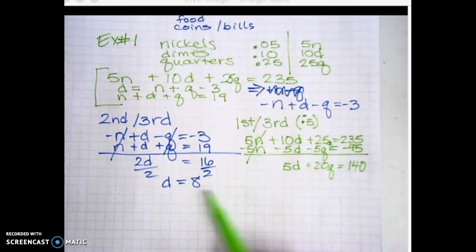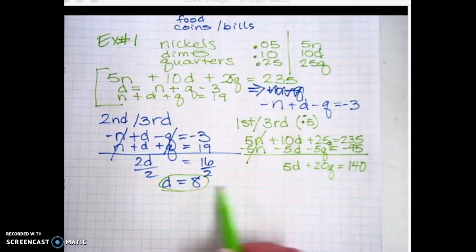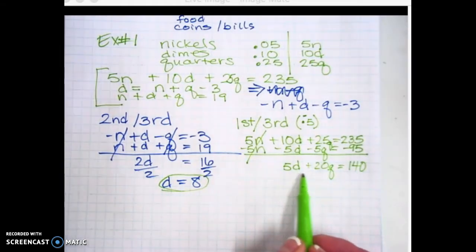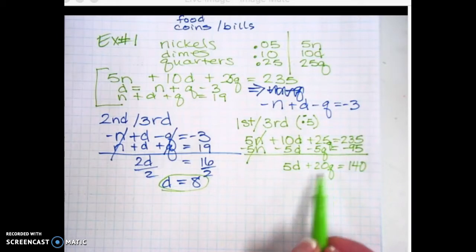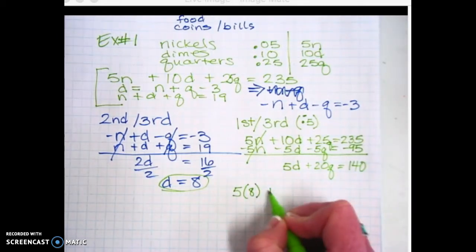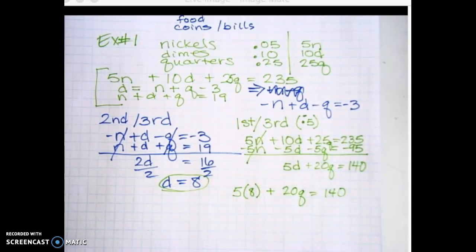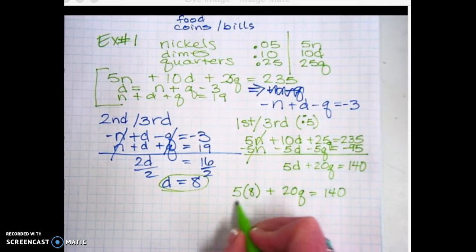All right, so we've already got d. We can take this 8 and substitute it in here and solve for that q. Okay? So we're going to go 5 times 8 plus 20q equals 140. You can see where this is going because 5 times 8 is 40.